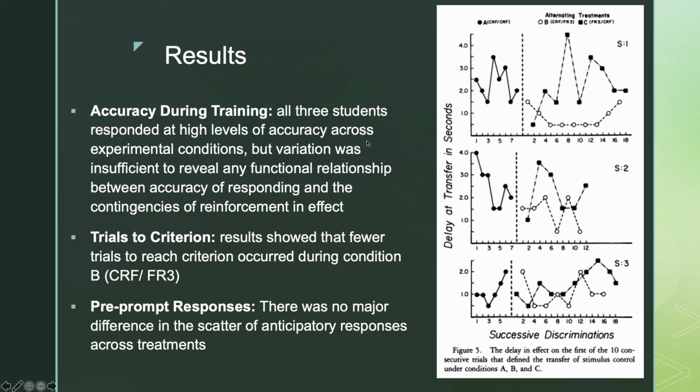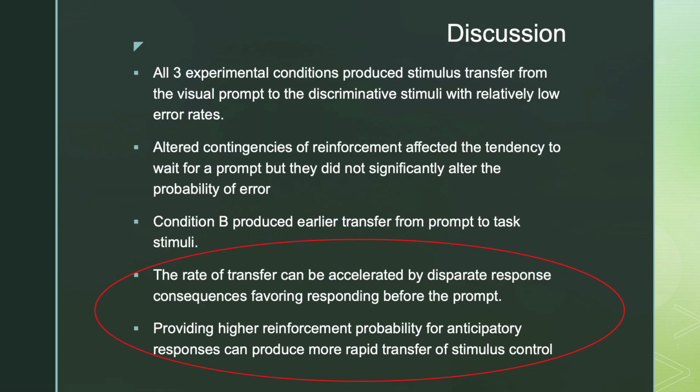So in other words, all of the participants responded at high levels during the experimental conditions. The trials to meet criterion were fewer in the CRF FR3, so in the B condition. Basically, all three of the experimental conditions did produce transfer, but the B condition produced the earliest transfer.